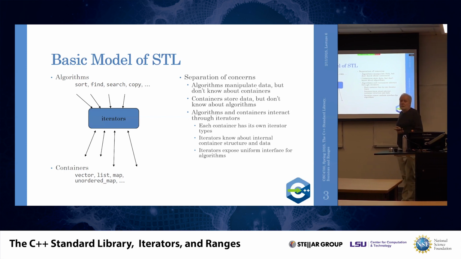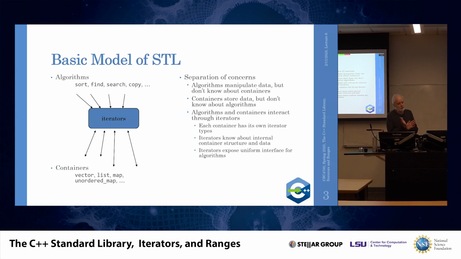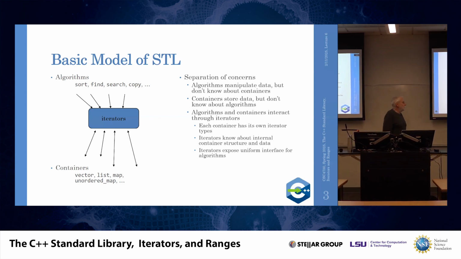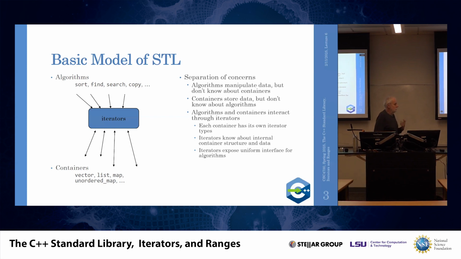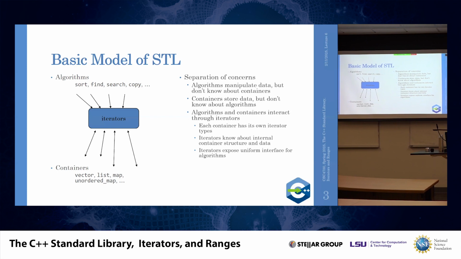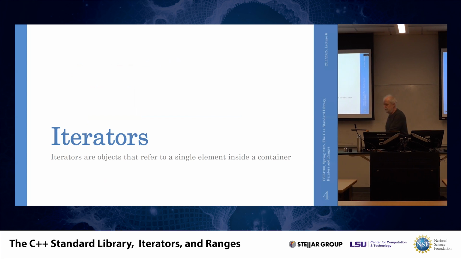And that is a real benefit. You have that orthogonality between containers and algorithms, which is so fundamental and very unique for C++. As far as I know, no other language or no other library for any other language follows that path. Okay, so let's talk about iterators.